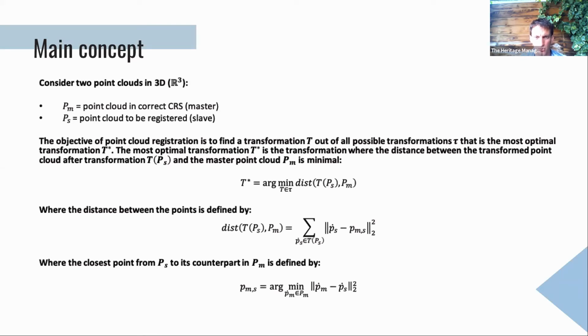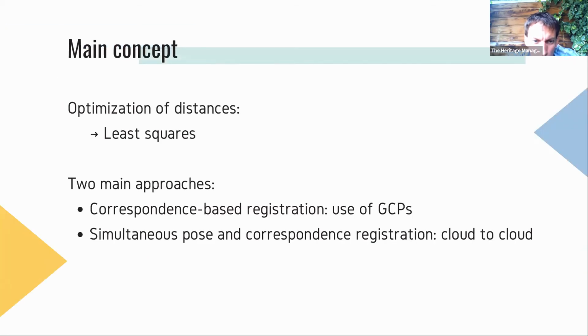And there are some tools, some mathematics behind that. You can use least-square adjustment transformations to translate and rotate your slave such that the distances are minimized in relation to your master point cloud. So least squares are very important for this approach. And for this rigid transformation, for this least square adjustment, there are two approaches.